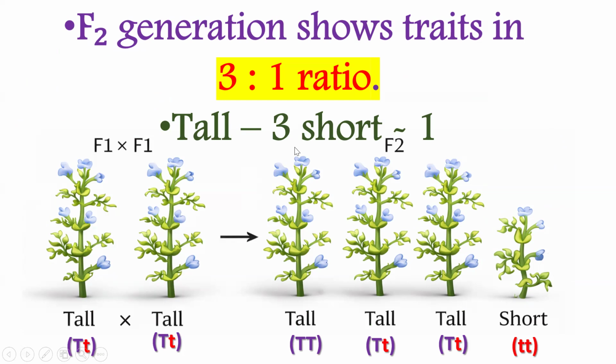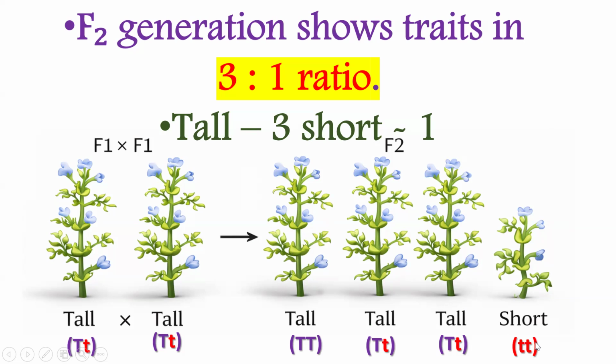But what is the result? 3:1. Three were tall and one was short. And why is one short? Among the three tall, the first is capital T capital T, and the other two are capital T, small t. Why is the small t not expressed? Because capital T is a dominant trait and small t is a recessive trait.